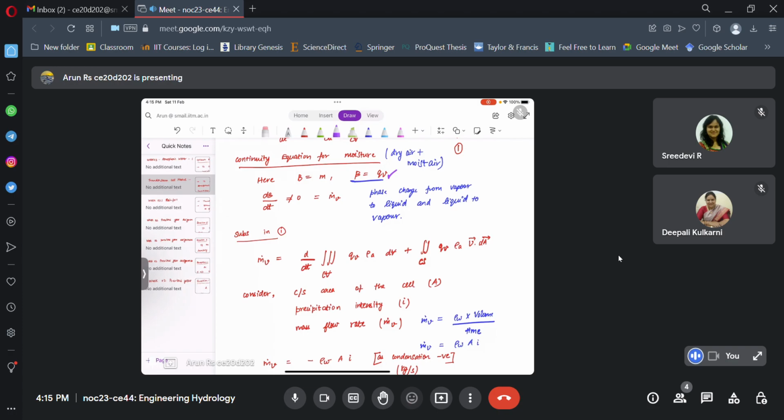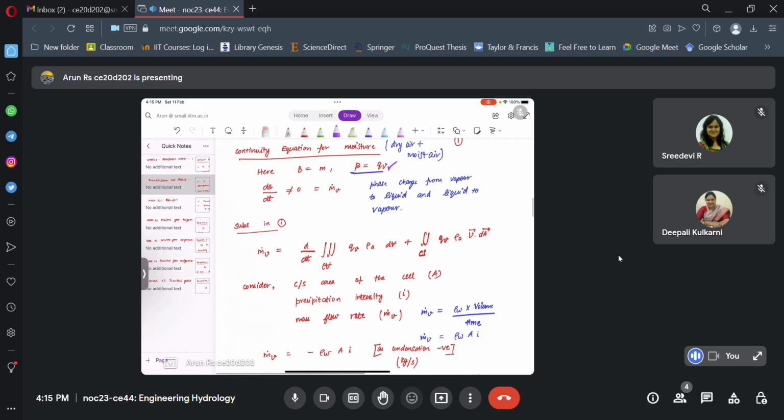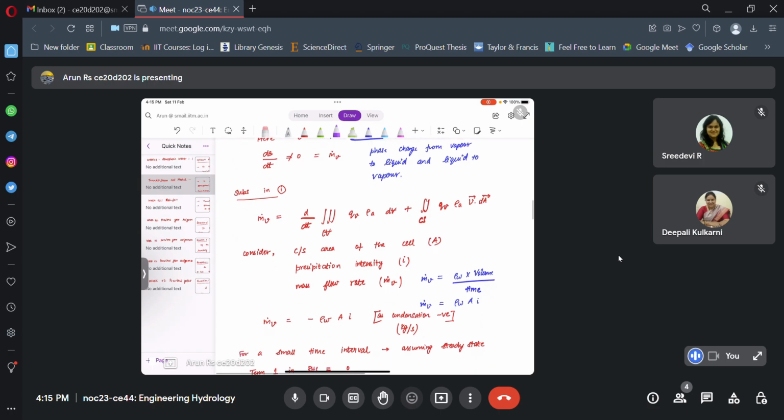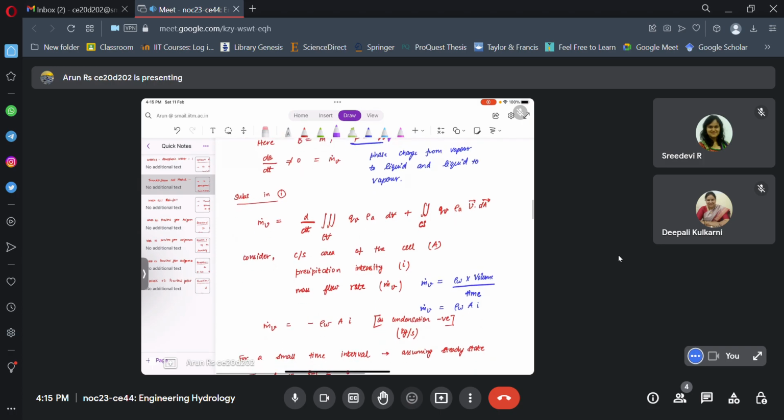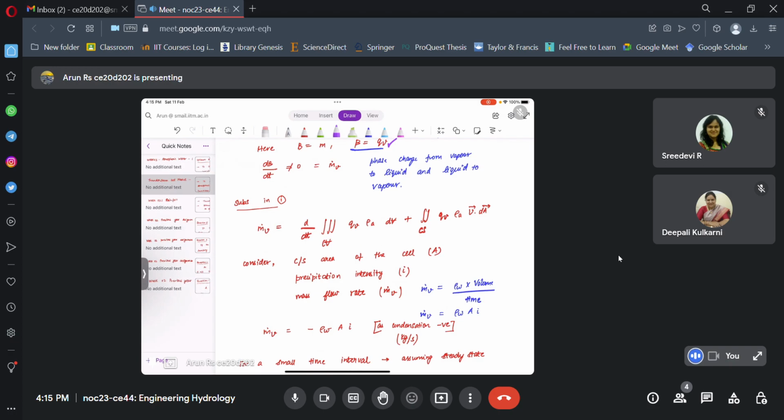So in that case the intensive property will not be equal to 1. So here we are representing it as another parameter, which is the specific humidity. And since there is a change in phase from one phase to another, the term on the left hand side is not equal to 0 and we represent it as the mass flow rate.